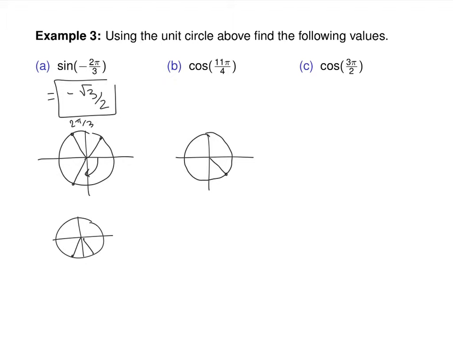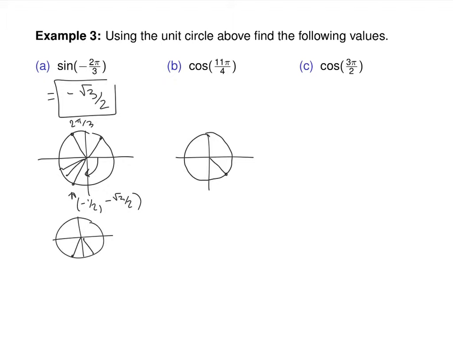Does that help? So that lands at this one, where there are 3 of them, the first of the 3. At that point, the x-coordinate is negative 1/2. The y-coordinate is negative root 3 over 2. The sine is the y-coordinate of that pair. That's all.